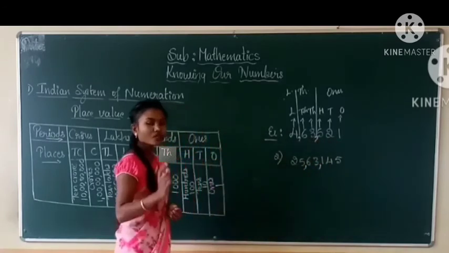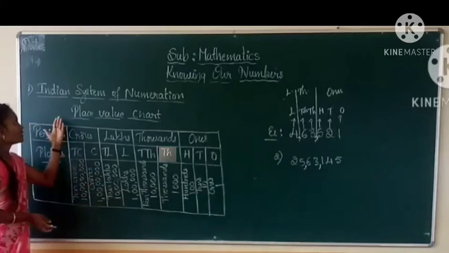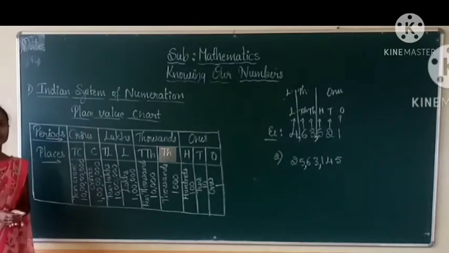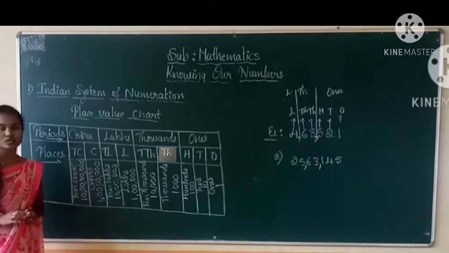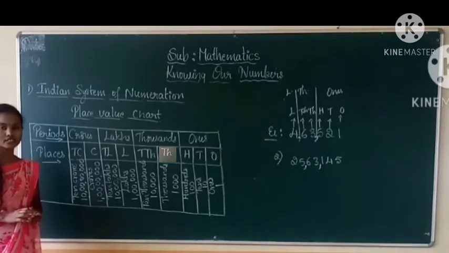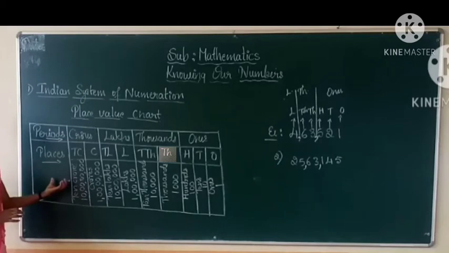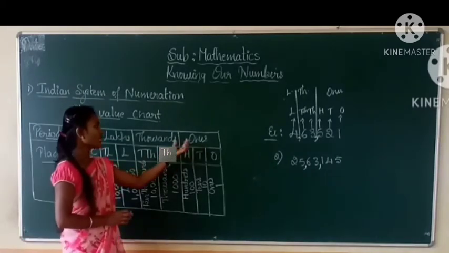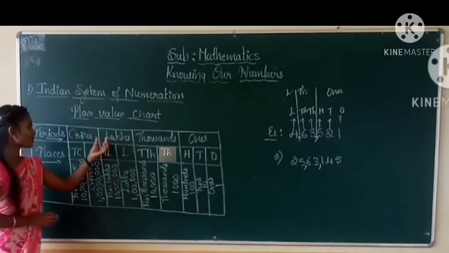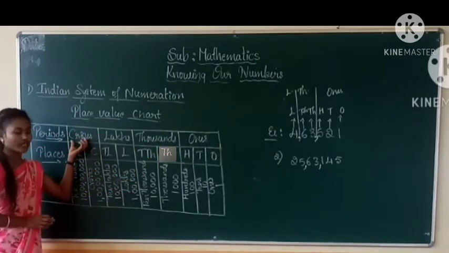Once again I tell, in the Indian system of numeration we use commas because this comma helps us to read and write the large numbers. In this place value chart we can see the ones period, thousands period, lakhs period and crores period.